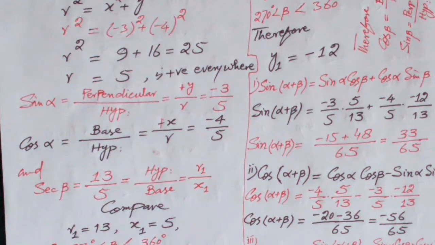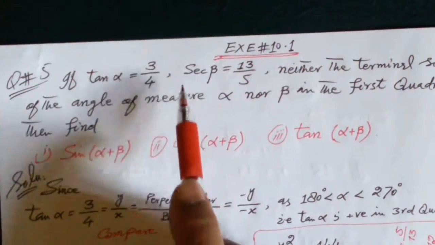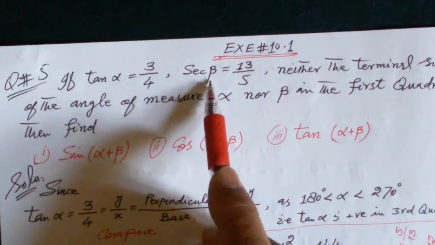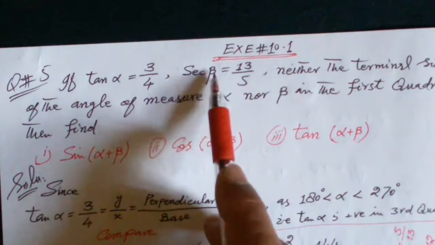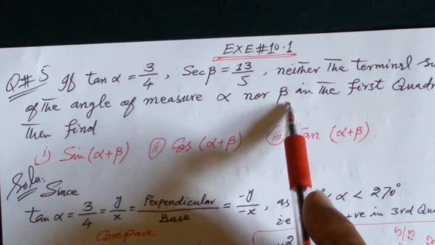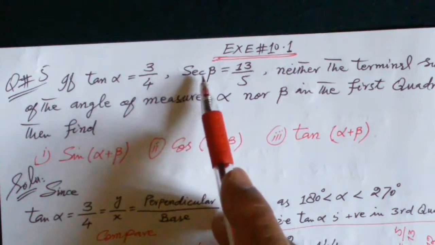Let us take another function, which is secant of beta, which is equal to 13 divided by 5, and beta is neither in the first quadrant. So secant beta is positive in the first and fourth quadrants, so the terminal ray of beta will be in the fourth quadrant.